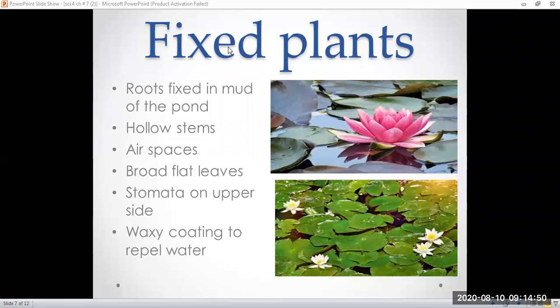Any one of you can tell me what is stomata and what is the purpose of stomata? Yes, Zoha.